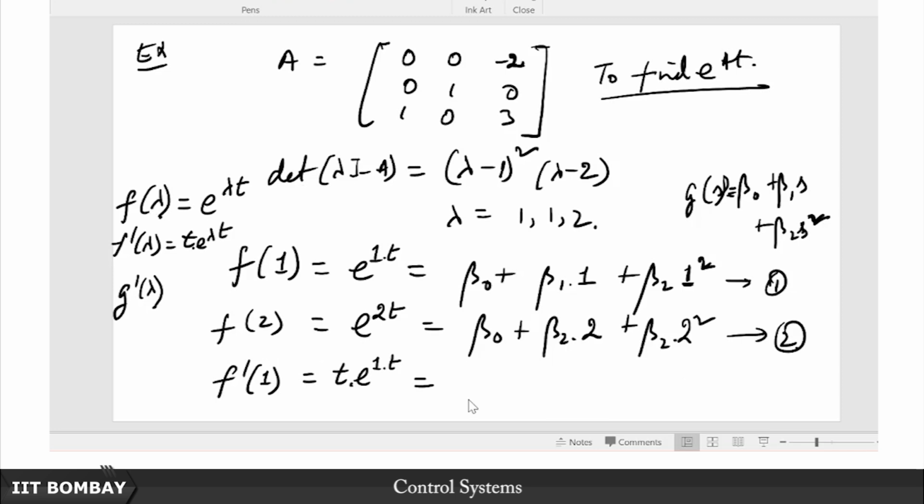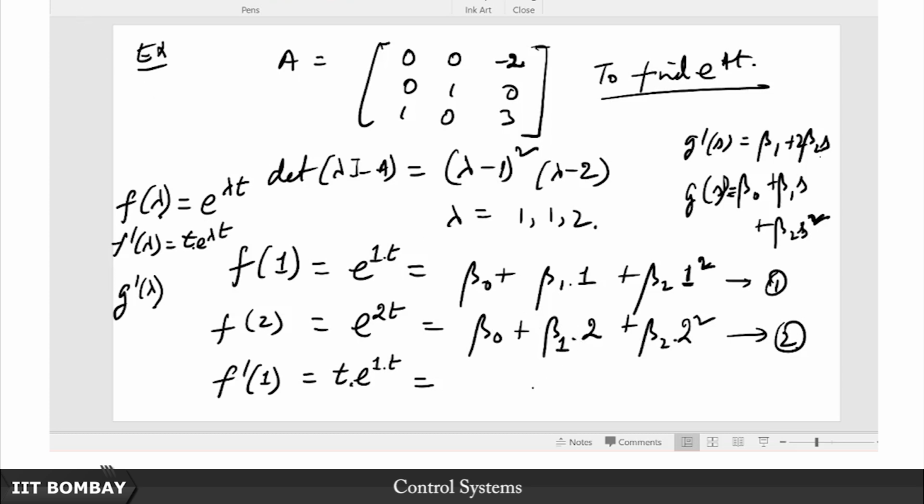But what is the derivative of this on the right hand side? g dashed s is nothing but beta 1 plus 2 beta 2 s. Let me put this here. I carelessly overlooked this; this is beta 1.